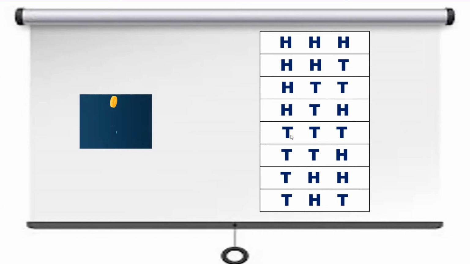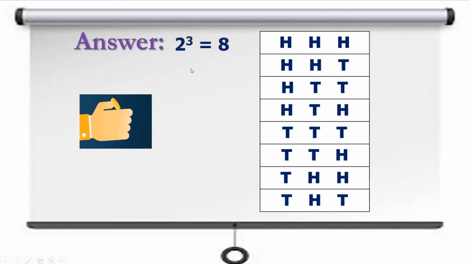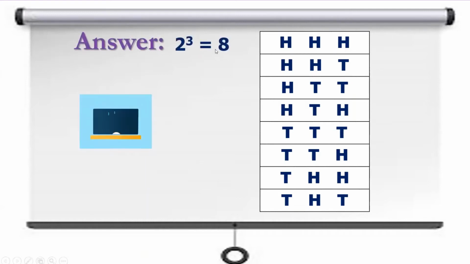It depends, because those are 3 coins. So, there are 8 sets. 8 possible ways. Now, the shortcut, because you cannot list all the time. What if you're in a hurry in the exam? Here it is, 2 cubed is equal to 8.